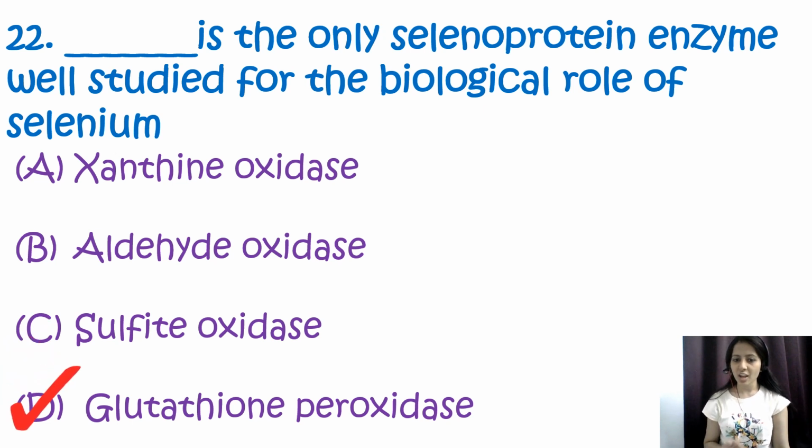This glutathione peroxidase is an antioxidant enzyme that helps to protect the cell from oxidative damage by catalyzing the reduction of hydrogen peroxides. Okay, so correct option is D, that is glutathione peroxidase.